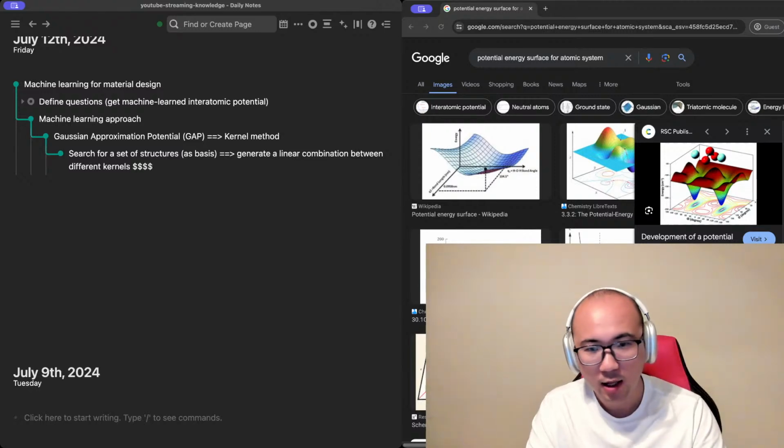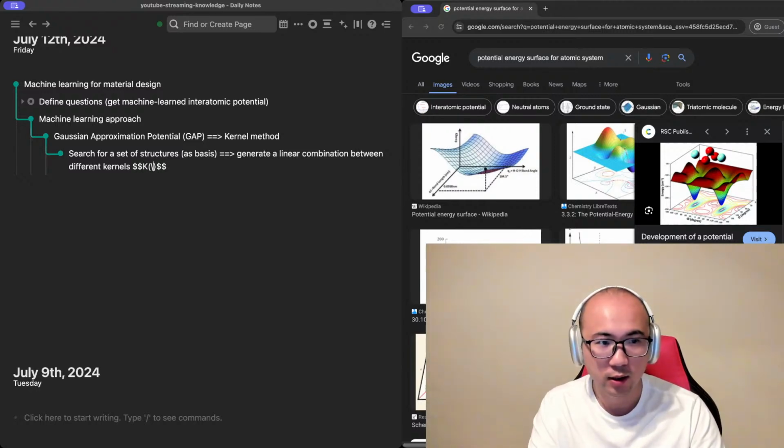We can define the kernel in this way, with Ri as the reference.